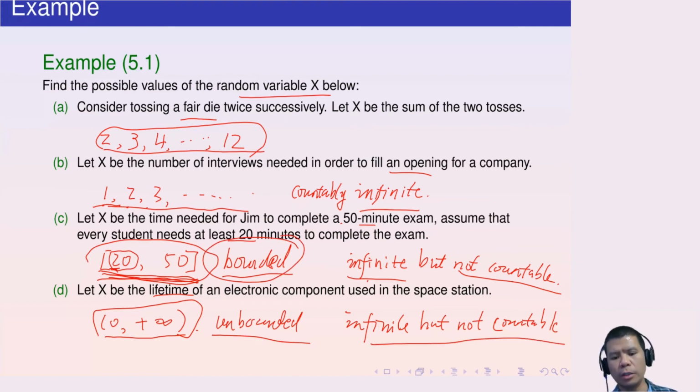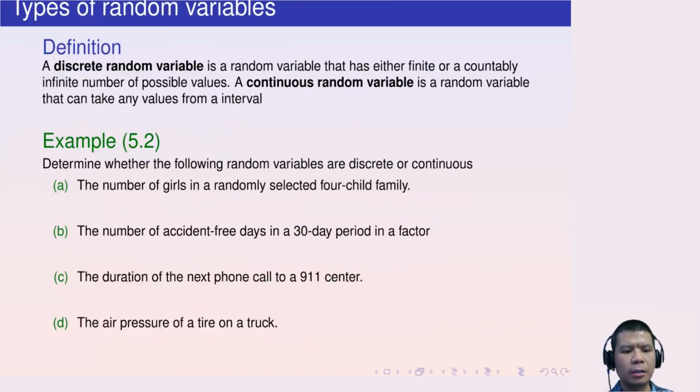In D, it is infinite, not countable, and unbounded. So we have different kinds of random variables. Now, in this chapter, we are going to focus on the first 2 cases. Either they have a finite number of possible values or countably infinite. So that is a discrete random variable.